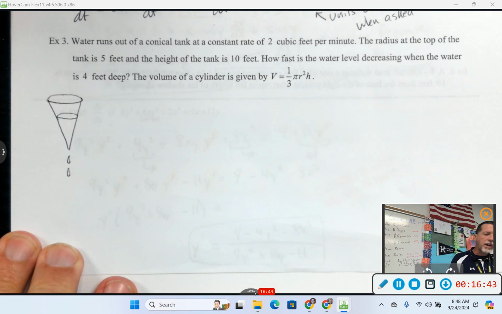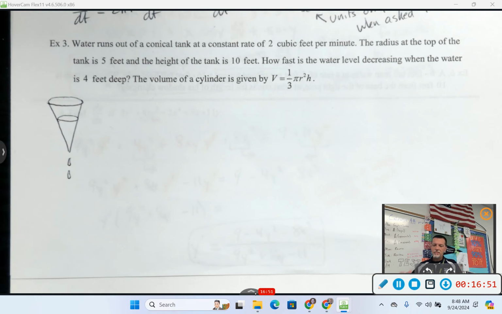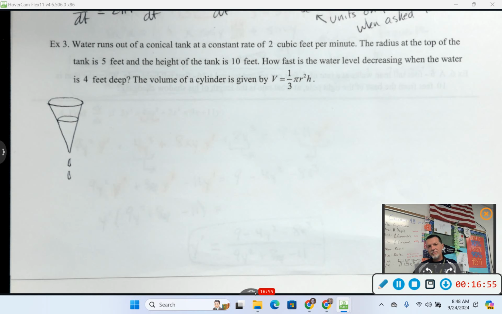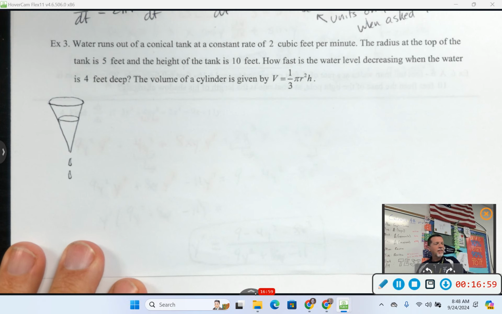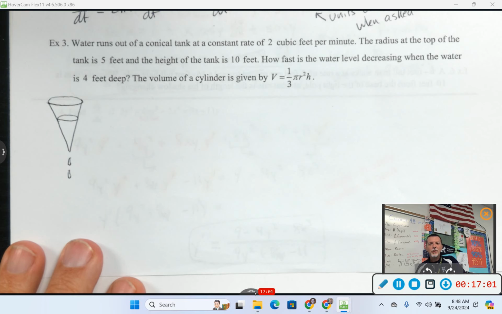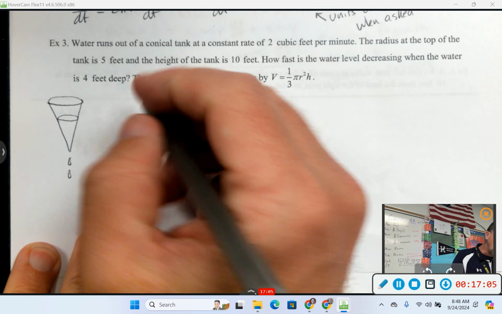I don't know if it's dripping out or streaming out. 2 cubic feet per minute. 2 cubic feet every minute. It's a steady stream. It's not a fire hose, but it's more than a drip, I think. What is 2 cubic feet per minute?